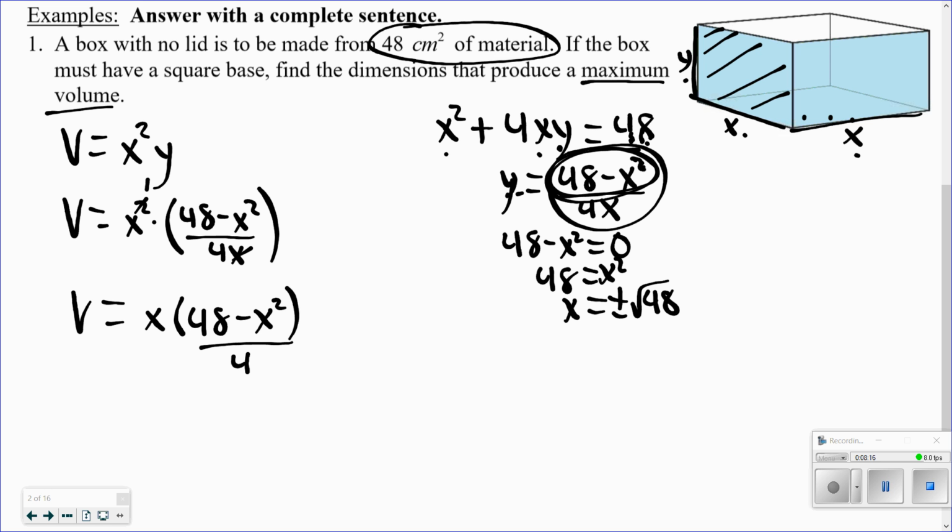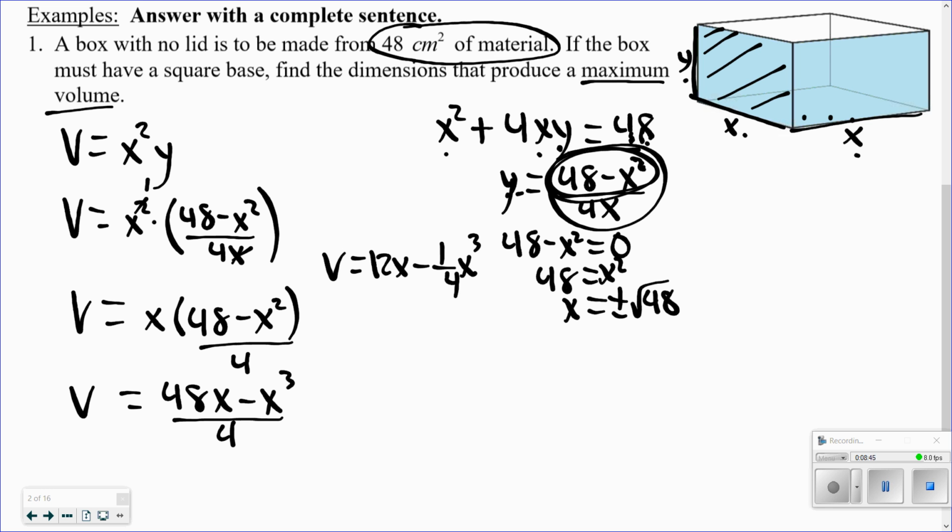Then I get times through by the x. So I would get 48x minus x cubed over 4. And then I can still split it apart. I can write the volume equals 48x over 4, which would be 12x, minus x cubed over 4, which is really the same thing as 1/4 x cubed.